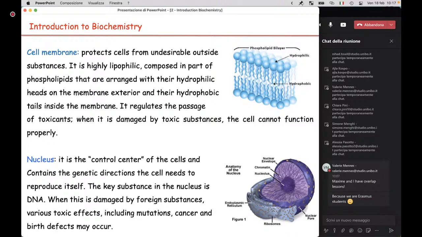So if something damages the nucleus, the nuclear membrane, again, the cell will die, or, which is often quite worse, can become out of control. It can become, for example, a cancer cell. So the nucleus is very important, and it encloses the DNA needed to produce everything that is produced within the cell.